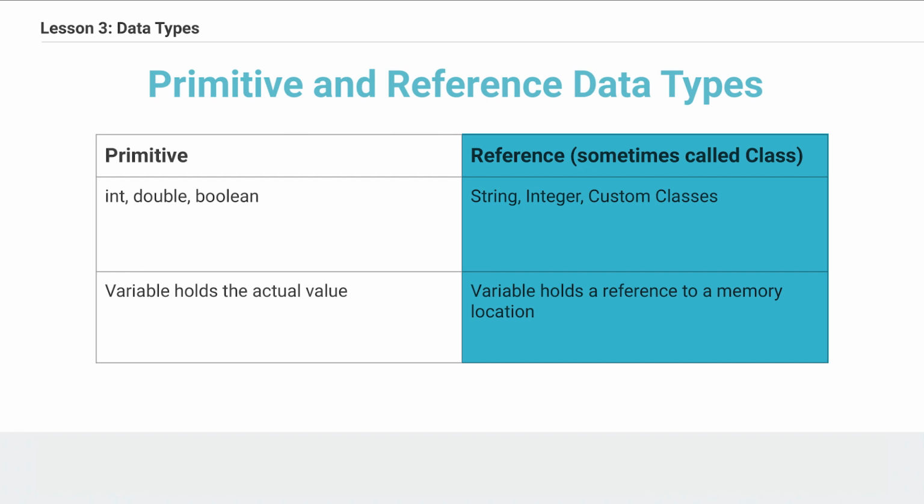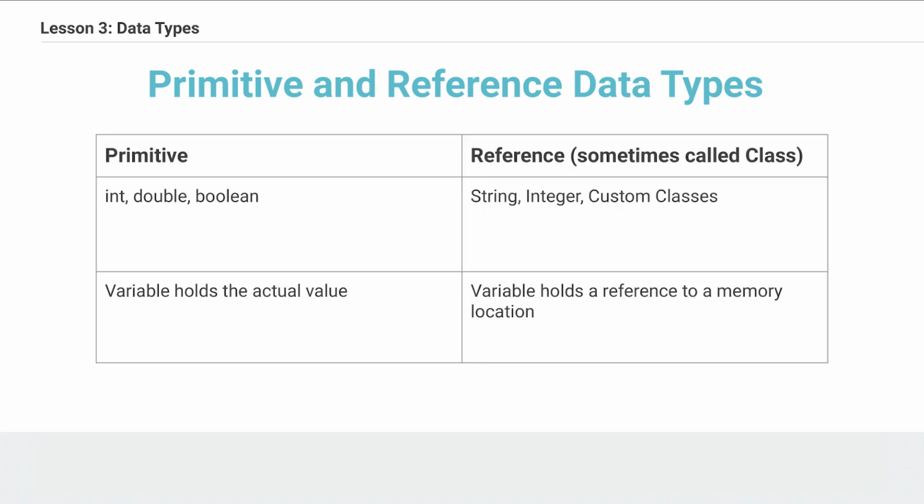This is the reason that we call them reference data types, because the variable is actually holding a reference to a memory location instead of the actual value. And what this means is that any reference data type is stored as a memory address, and then Java can basically allocate the space for different sizes, different types of reference types as the program is created and as you create more custom data types.